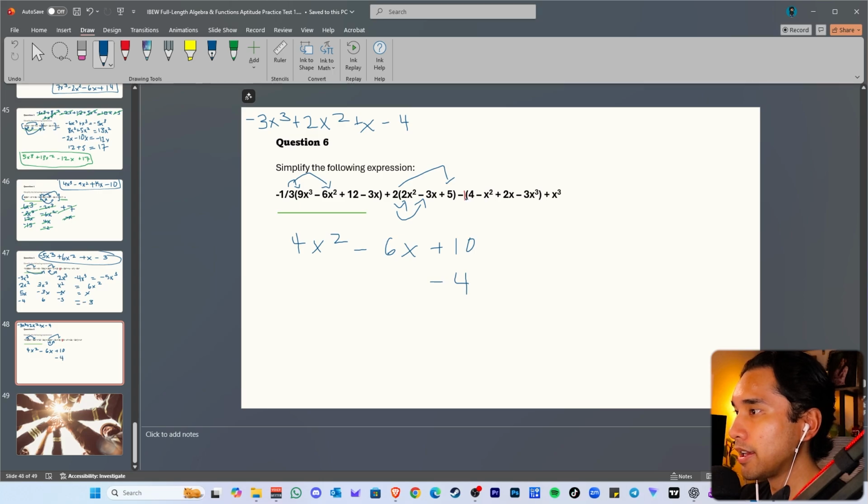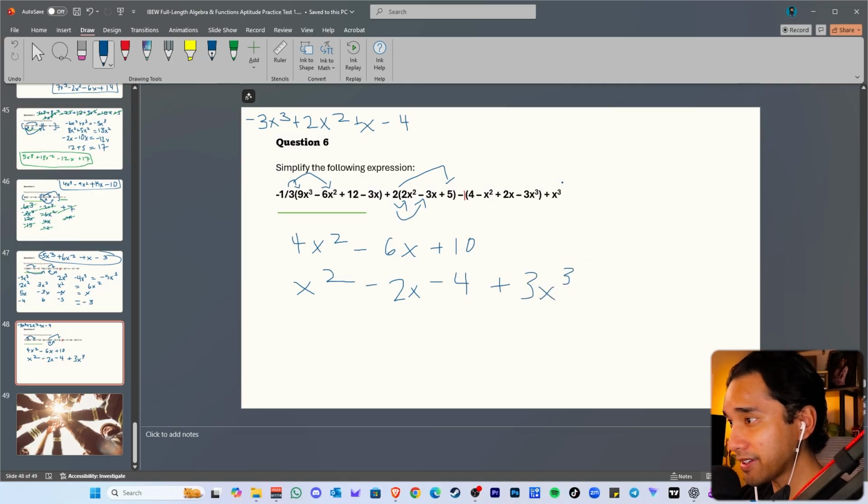-4, okay? -1 times negative x squared is x squared. And then we have -1 times 2x, which is -2x. And then we have -1 times -3x cubed. That equals a positive 3x cubed, okay?